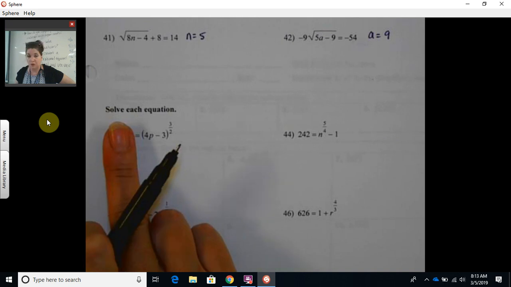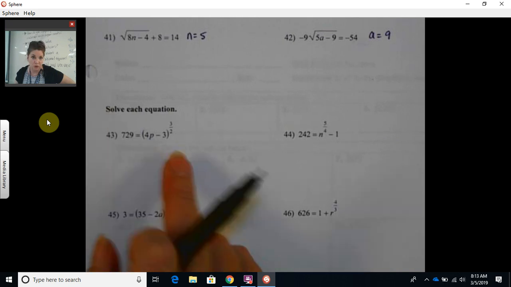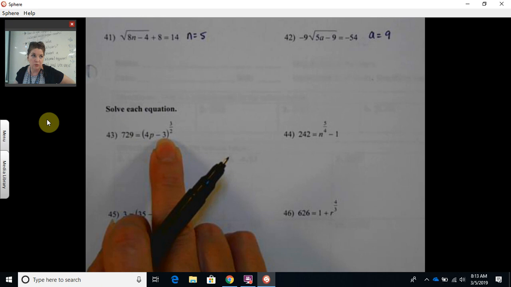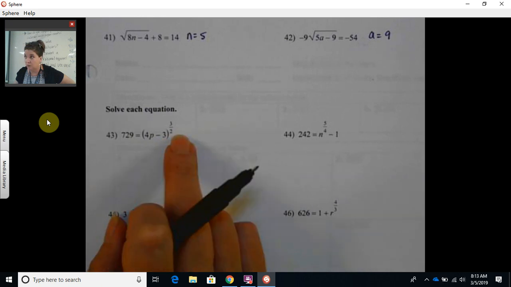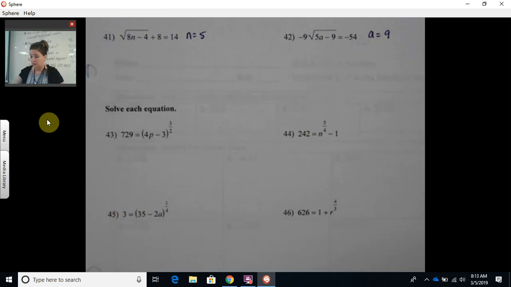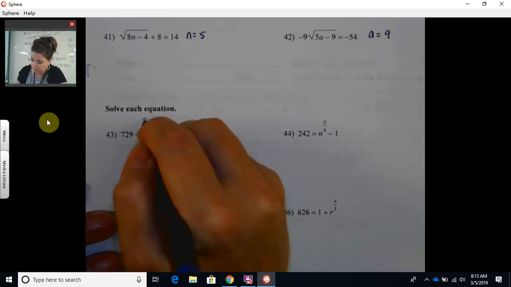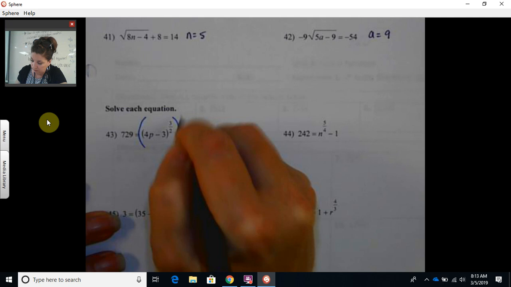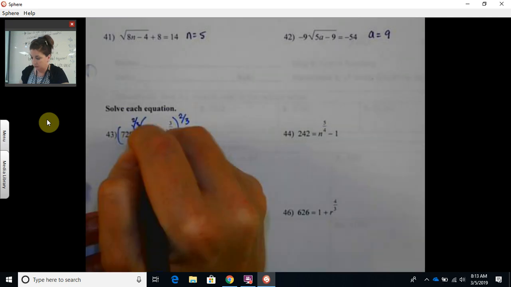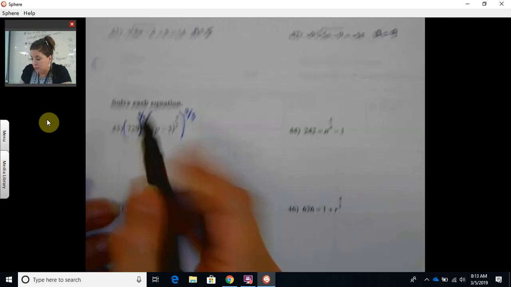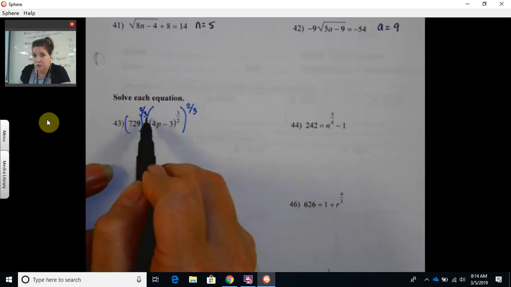All right, so remember, I could convert that to a radical, or I could raise both sides to the reciprocal of the exponent. Remember that? Which would be what? 2/3. So when I raise 729 to the 2/3, I would convert that to a radical.